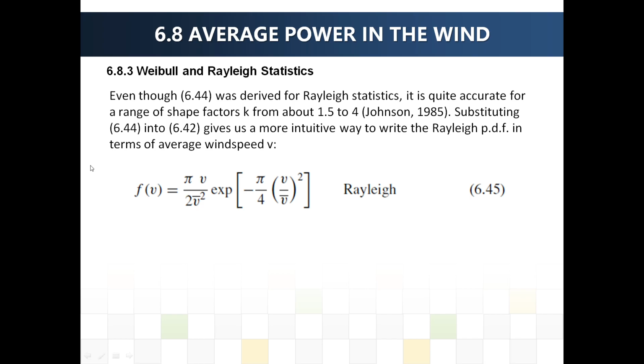Substituting equation 6.44 into 6.42, we can find the Rayleigh PDF in terms of average wind speed. The Rayleigh PDF is equal to pi times v divided by 2 times the average v squared, times exponential of minus pi v squared divided by 4 times the average v squared.